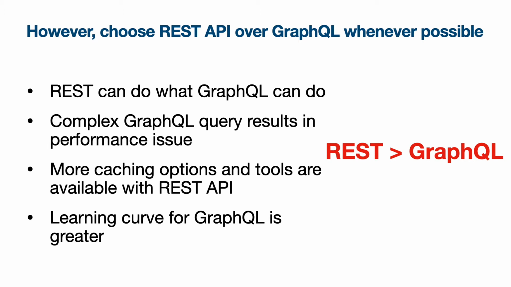GraphQL also can get quite complicated, and it can result in terrible performance. And because REST API was a standard that came out first and is well understood, there are more caching and tools available for REST. Lastly, which might be important for many people, GraphQL has a bigger learning curve than REST API.